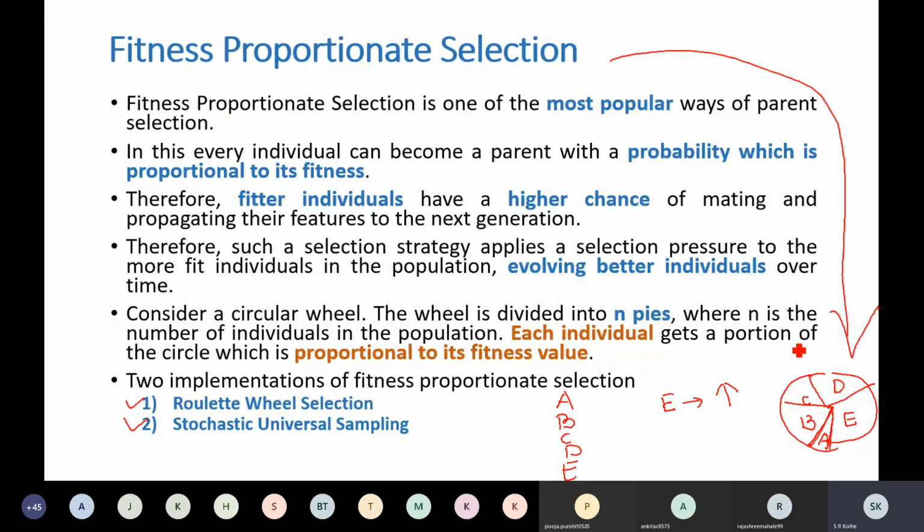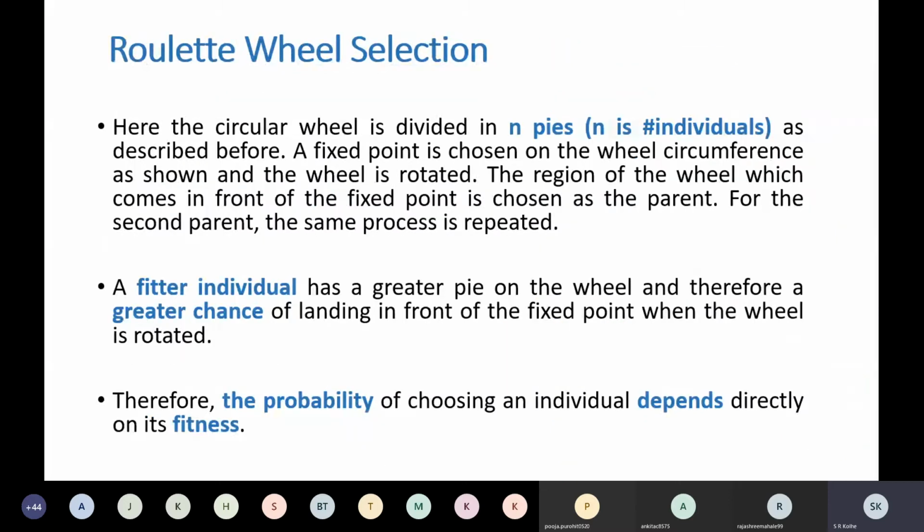Based on this mechanism, we have two techniques: roulette wheel selection and stochastic universal sampling. In roulette wheel selection, a circular wheel is divided into n pies because there are, suppose, n individuals, n solutions.